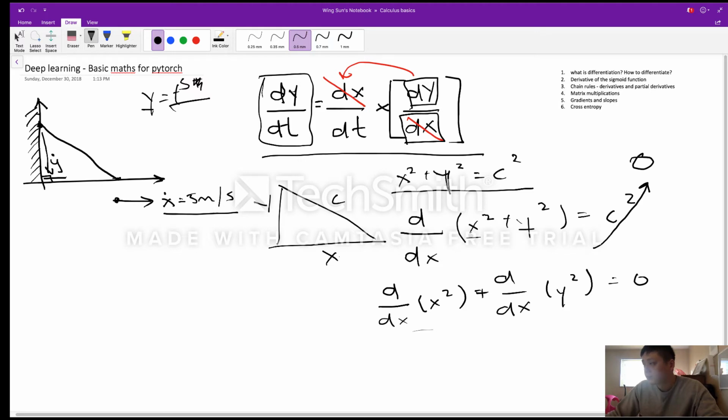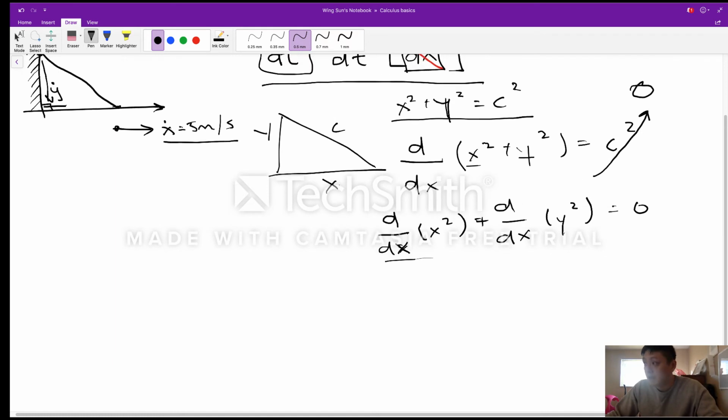Okay, so whatever you differentiate, the variable you differentiate with respect to has to match. So x and x, they match, so I can comfortably differentiate that. So it's 2x. Now let's look at this one. x and y, they're different.